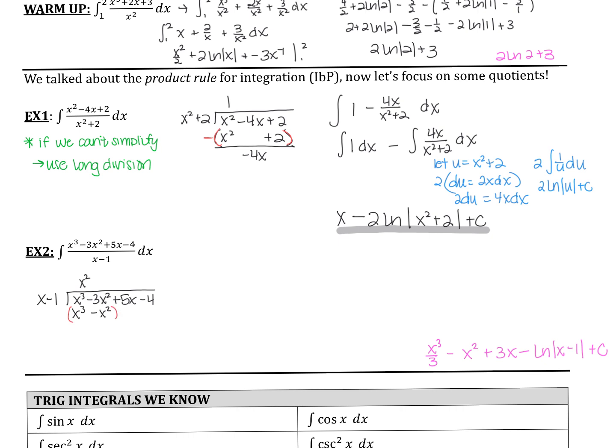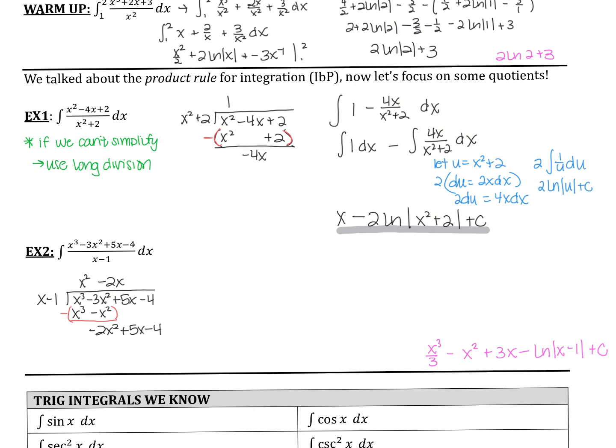I'm going to subtract both of those, change the signs. That should give me 0x cubed. That was the point. This gives me negative 3x squared plus x squared, so I've got negative 2x squared, and then I can bring down my other terms. Now I'm going to repeat that process. I'm going to see how many times x goes into negative 2x squared.